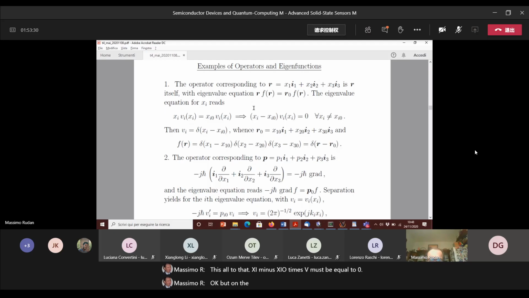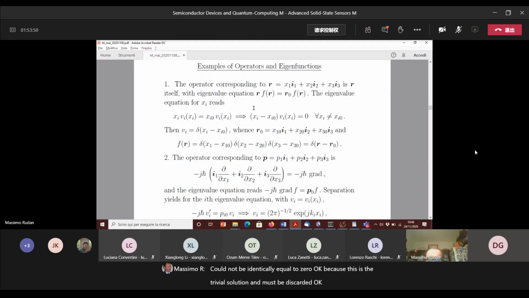But on the other hand, you remember the eigenfunction is by definition non-zero, it cannot be identically equal to 0, okay? Because this is the trivial solution and must be discarded.